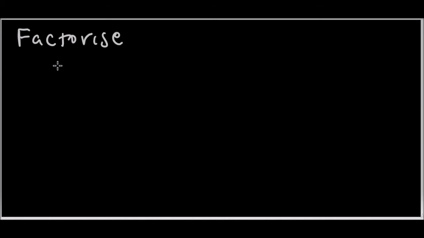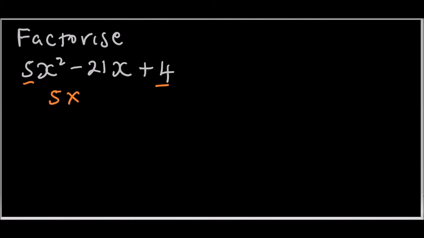We have our expression is 5x squared minus 21x plus 4. So we want to factorize this. We have said the procedure is you multiply 5 times 4. So 5 multiplied by 4, you get 20. Once you get that, you get two numbers, a plus b should give you the coefficient of x, that is minus 21.